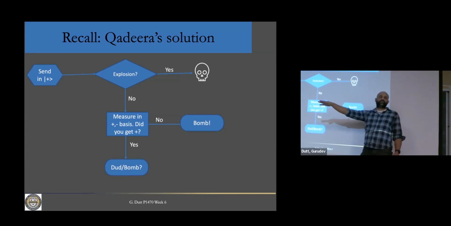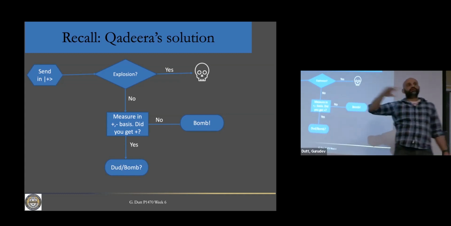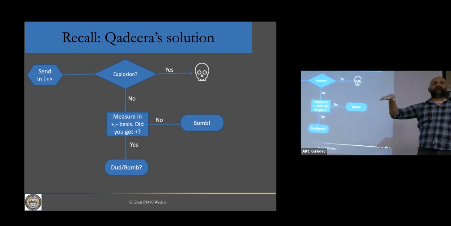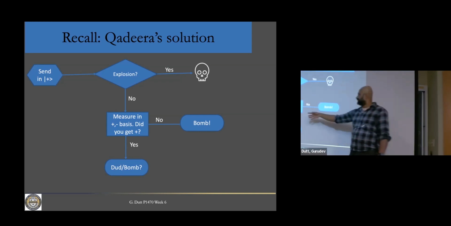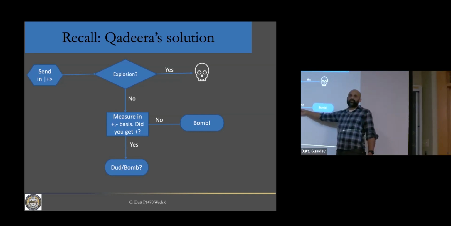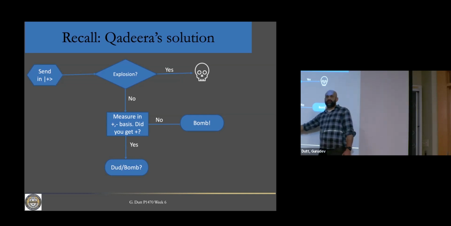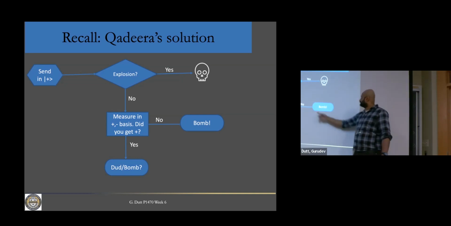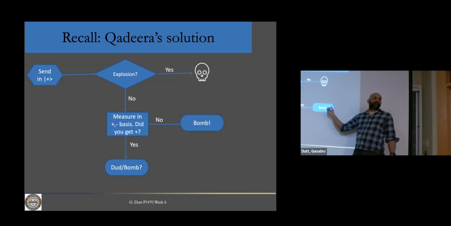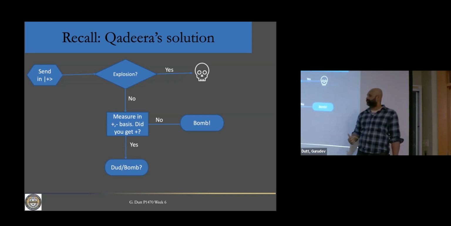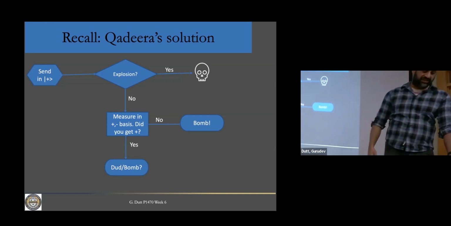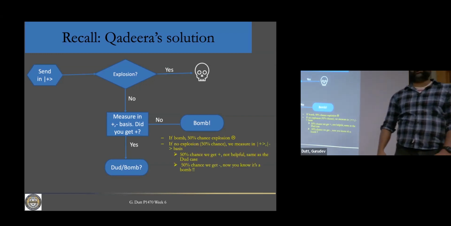Because nothing happens to the qubit state, which is in the plus state. If there's no explosion and it goes through a dud, it remains in a plus state, right? Okay, so that could be a dud or it could be a bomb. It just means that we don't know. But if we get a definite no, that is, it's in a minus state, then for sure we know it was a bomb.